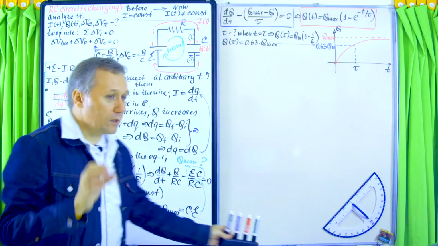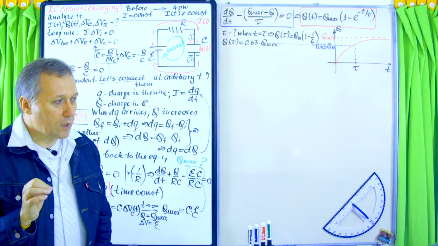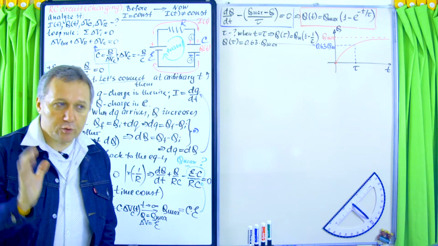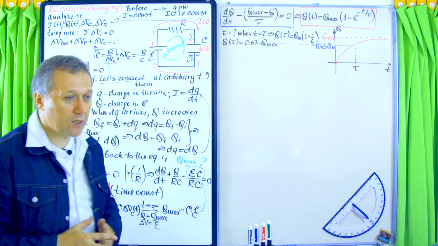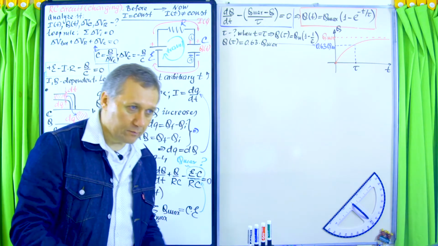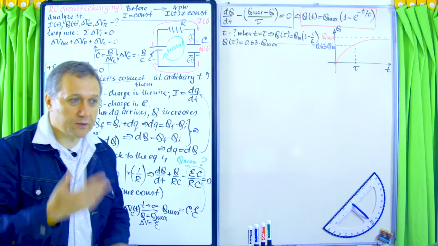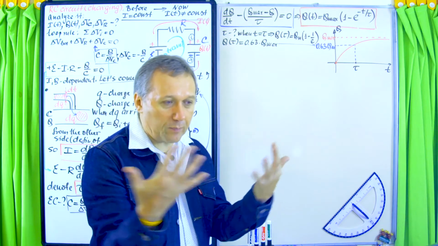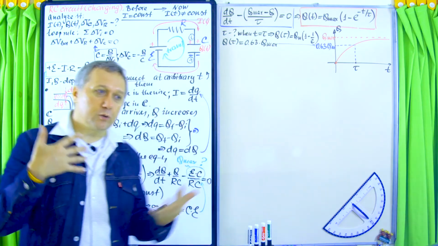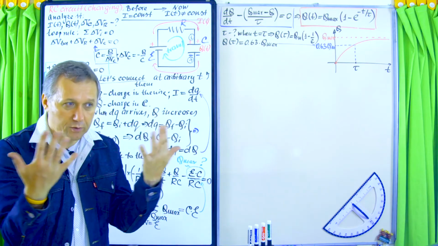And again, this time constant is a very useful parameter because it allows you to tell how fast, in this case, the capacitor is charged. In the case of discharging, it will tell you how fast the capacitor gets discharged. If you have two circuits and you want to compare which one is going to discharge or charge faster, compare their time constants.